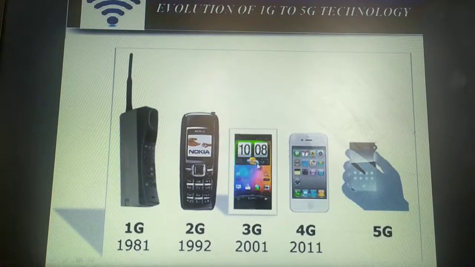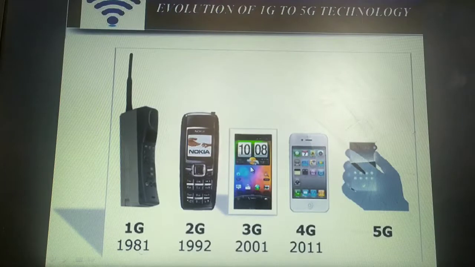Then we migrated to the third generation. The third generation made a drastic change. Here different kinds of technologies had come into existence. Smartphones came into existence, and in 3G we had a very high data transfer rate, about 384 kilobits per second, and 2 megabits per second in the case of fixed applications.